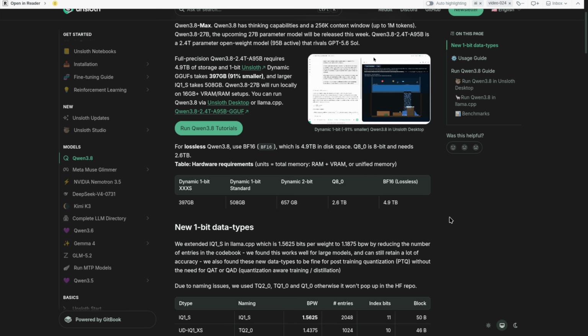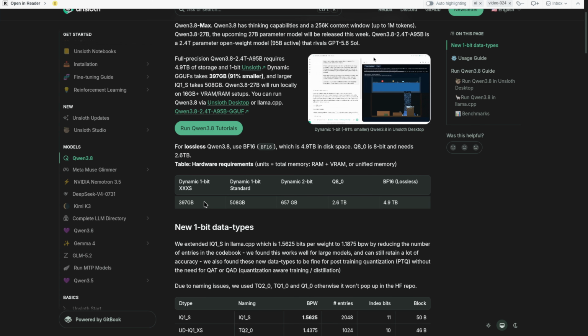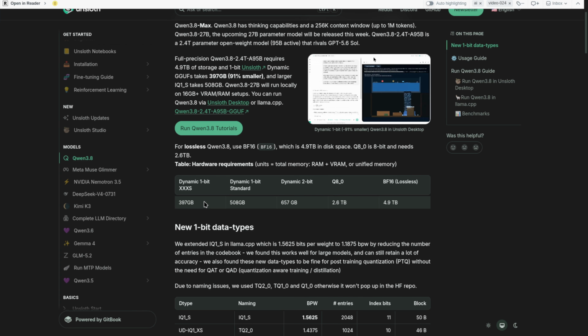And the extreme build is 397 gigabytes. That's pretty insane, a 91% smaller build than the original. And even that, with the RAM requirements, you're looking at a total of about 450 gigabytes of RAM. So that's quite a bit.